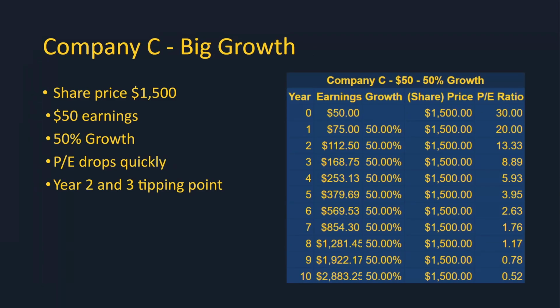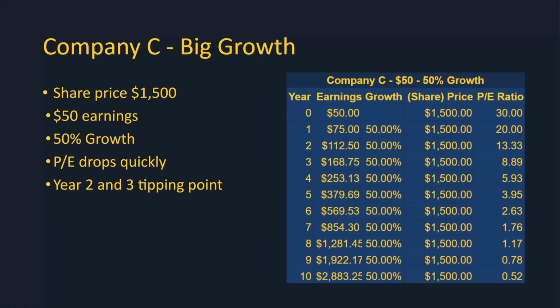Company C is a more exaggerated version of company B. The earnings right now is $50 with the same share price that we saw on the previous companies, which is $1,500. So they will start off with a PE ratio of 30. But the growth in this company is 50%, meaning every year the earnings will grow 50% higher.